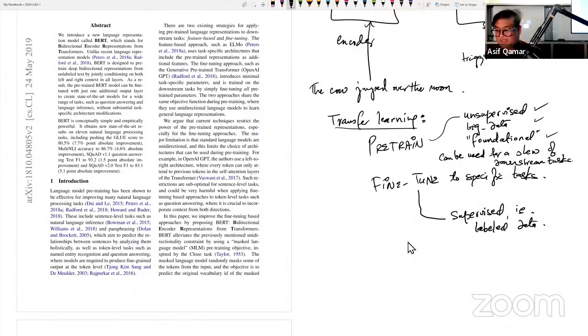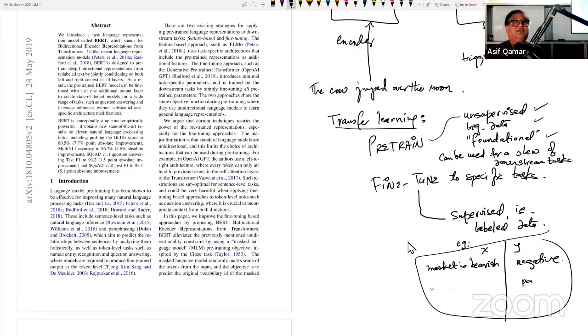For example, you say the market is bearish, then you have to say sentiment negative. Run on the market, there's an up or some other statement, positive. You have to give a lot of labeled data to do that.